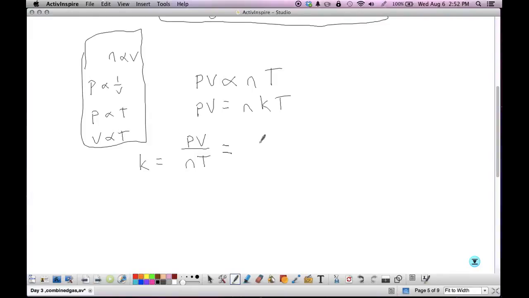So at standard temperature and pressure, so that's 1 atmosphere, and standard temperature is 273 Kelvin, 1 mole of a gas equals 22.4 liters. Now, notice this never changes. So K is a constant for every gas under every single situation.